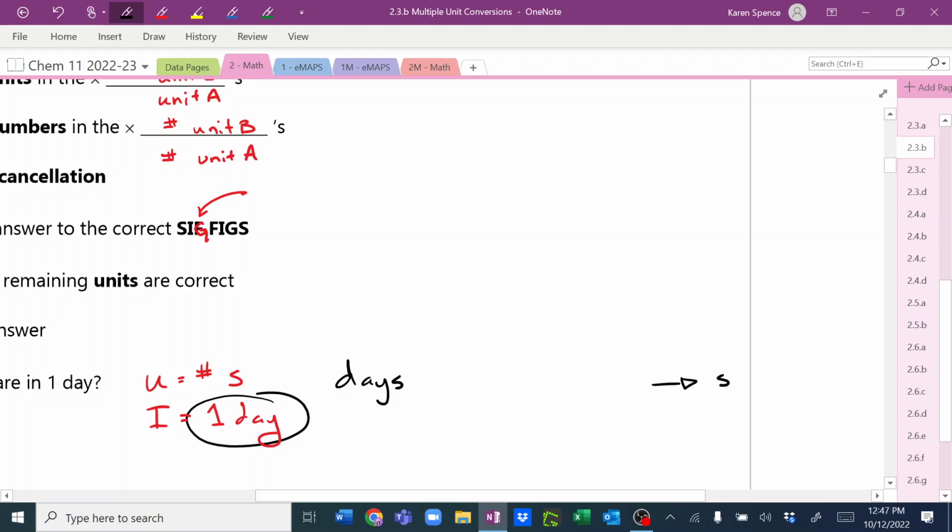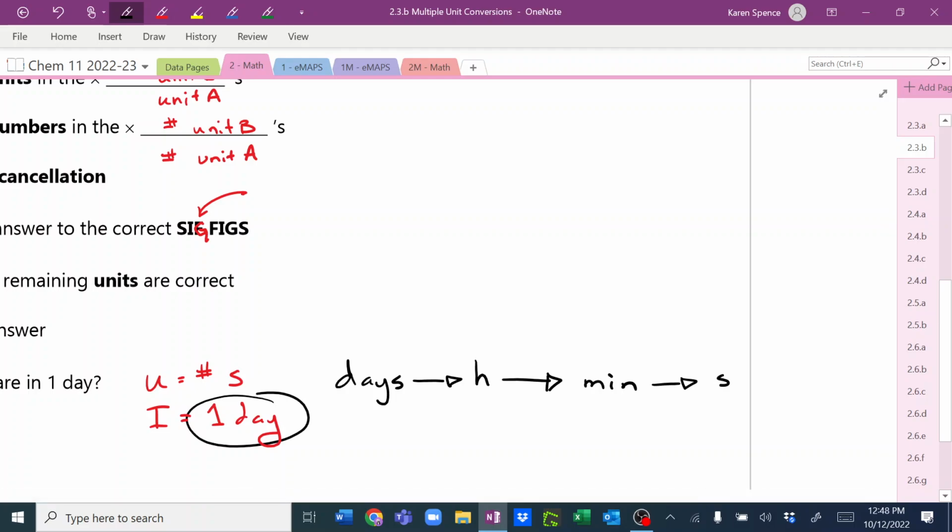What could I convert days into that would get me closer to seconds? Hours. So I'm going to say, okay, I'm going to go from days to hours. What could I do with hours to get closer to seconds? I could convert that to minutes, and then of course from minutes I can go to seconds.